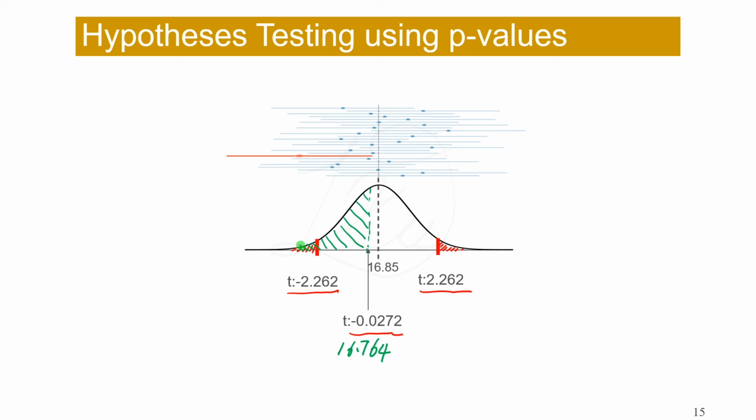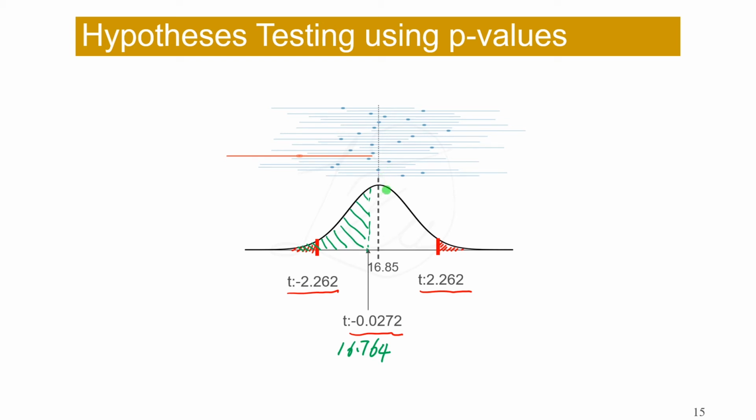But it does not make much sense to compare a one-sided area to a two-sided red area. Because the t-distribution curve is symmetrical, what we do is calculate the probability of the two-sided area.